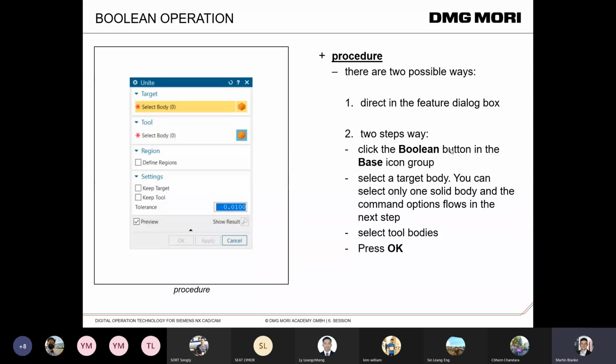If you use the options of a feature dialog box, for example, the feature dialog box of extrude or revolve, this is called the direct way. The second one is the two-step way. You create two bodies and then click the button in the feature icon group, select your target body, and then select your tool body. And if you are fine with both, press OK.